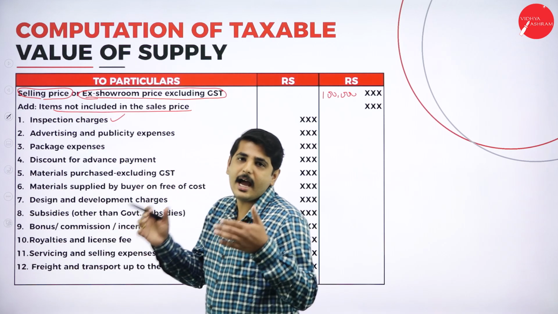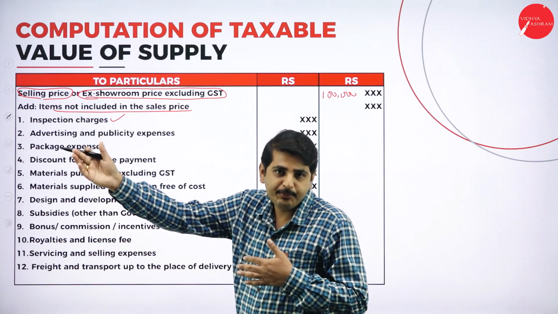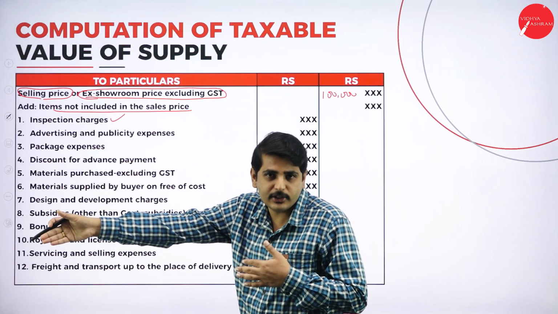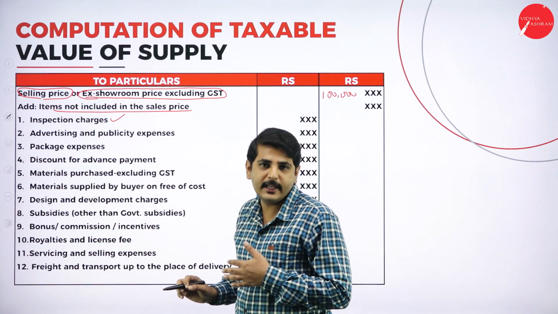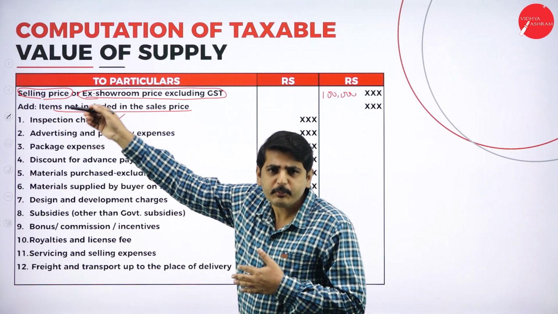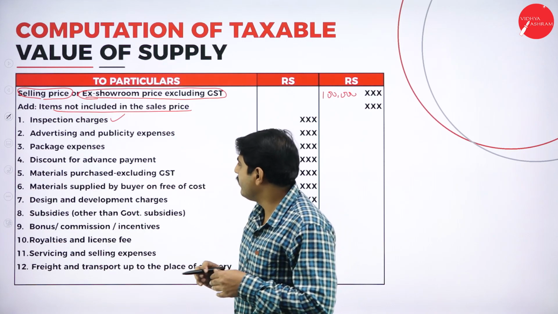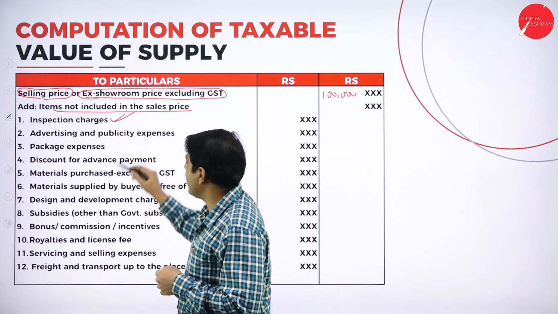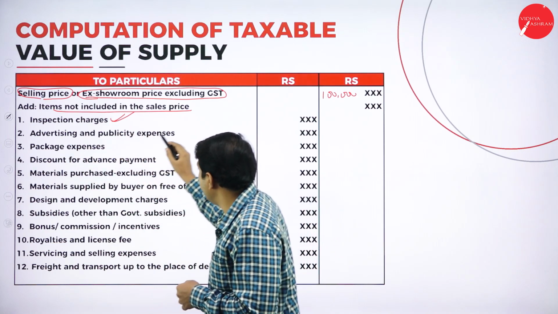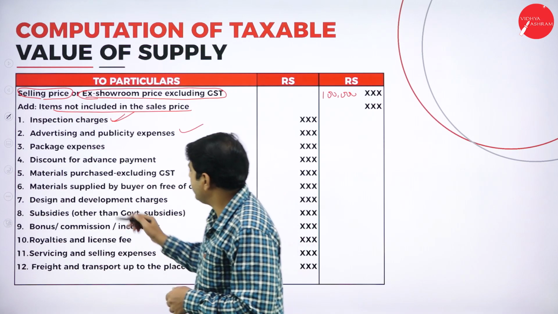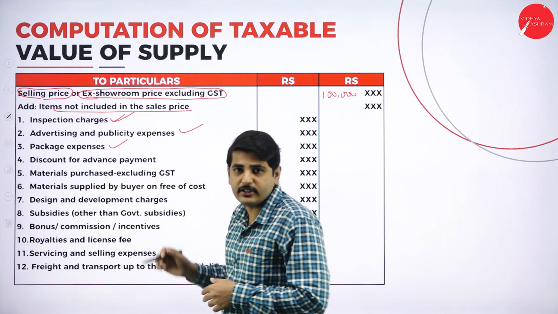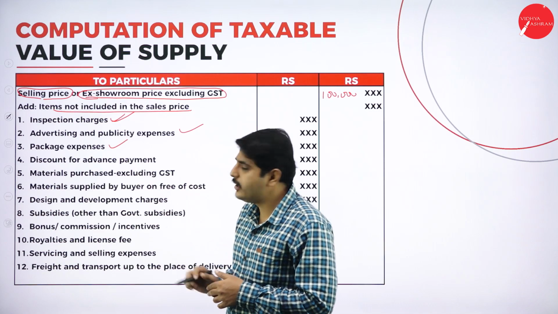For example, I am sending goods to America. In the Indian port there will be inspection, and when it reaches America, inspection charges will also be applicable. So inspection charges. Next one, advertising and publicity expenses. Next one, packing charges. If it is not included, then we have to include it.